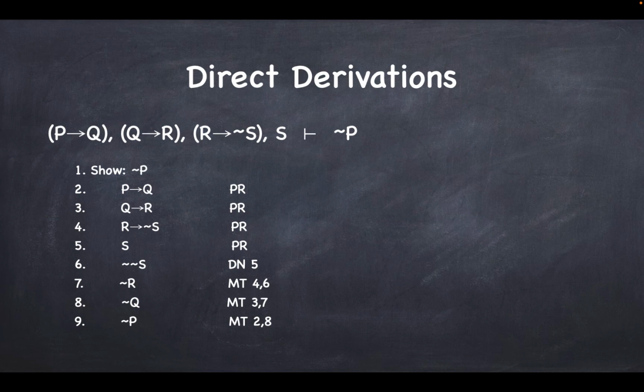If you've cited the right rules, you're not going to worry that you've spread yourself so thin that the starting point doesn't validly entail the conclusion. It always will. Once you hit the conclusion, or the content of your show line, in direct derivations, it's just the exact thing that's there on the show line.